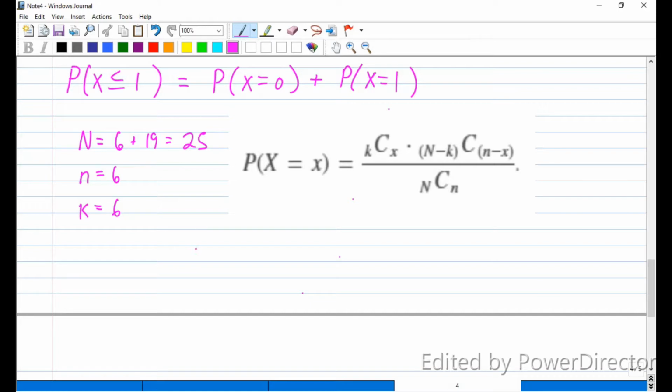So this is going to be 6C0 times, now big N minus K, so 25 minus 6, 19C, and then little n minus x. Little n is 6 minus x is 0, so it's 6. Divided by big N was 25, C, little n was 6.